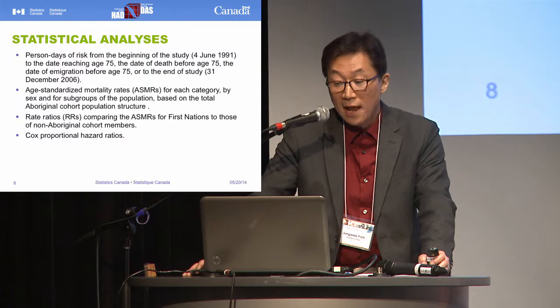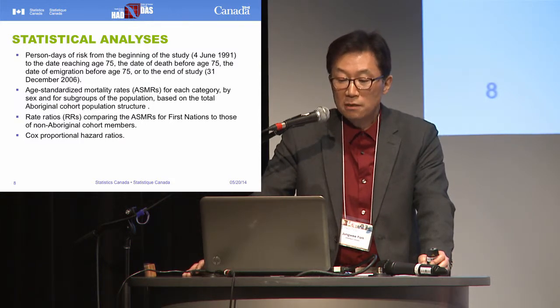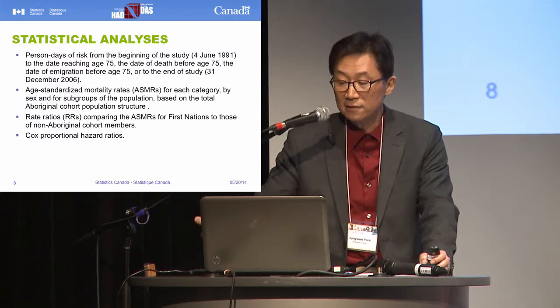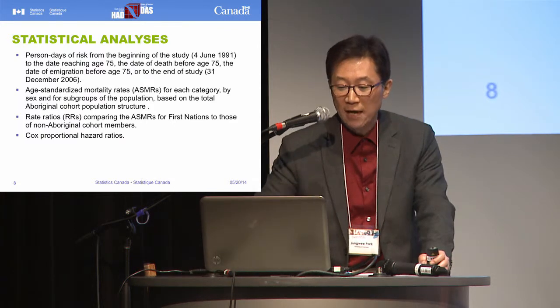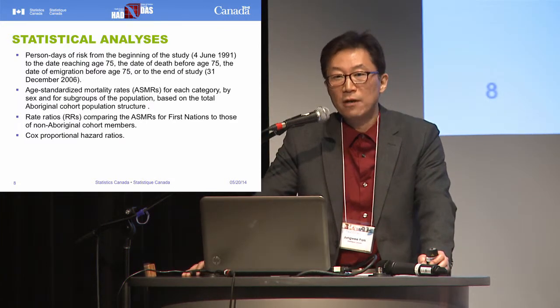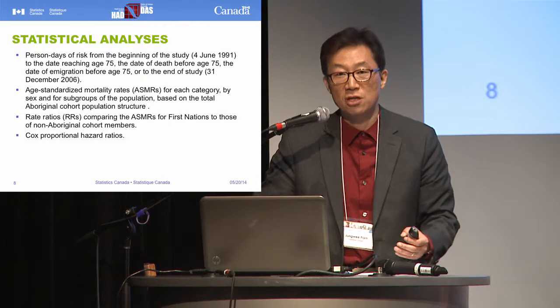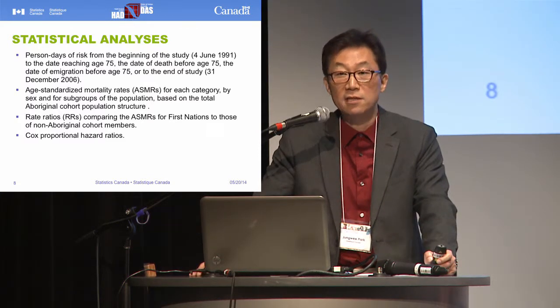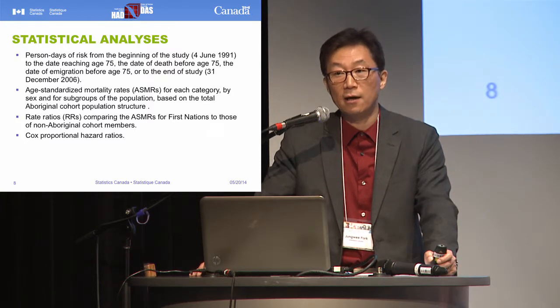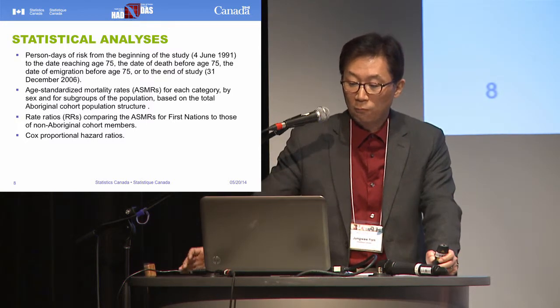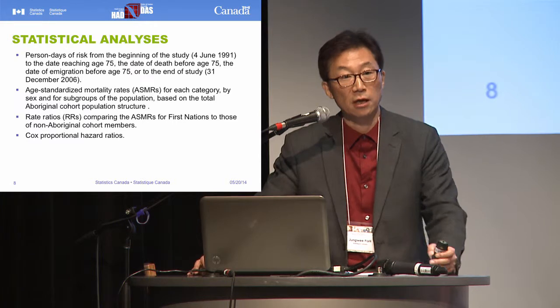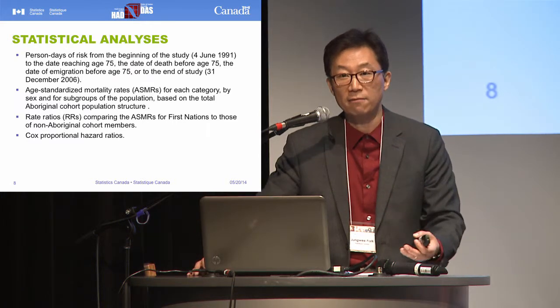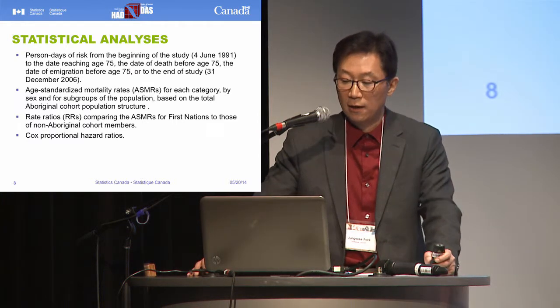For the statistical analysis, because we are using cohort analysis data, we calculate the percentage of risk for each individual, and the sum of that works as the denominator of any rates. And of course, the numerator is the event, so avoidable deaths, treatable deaths, and preventable deaths will be the numerator.